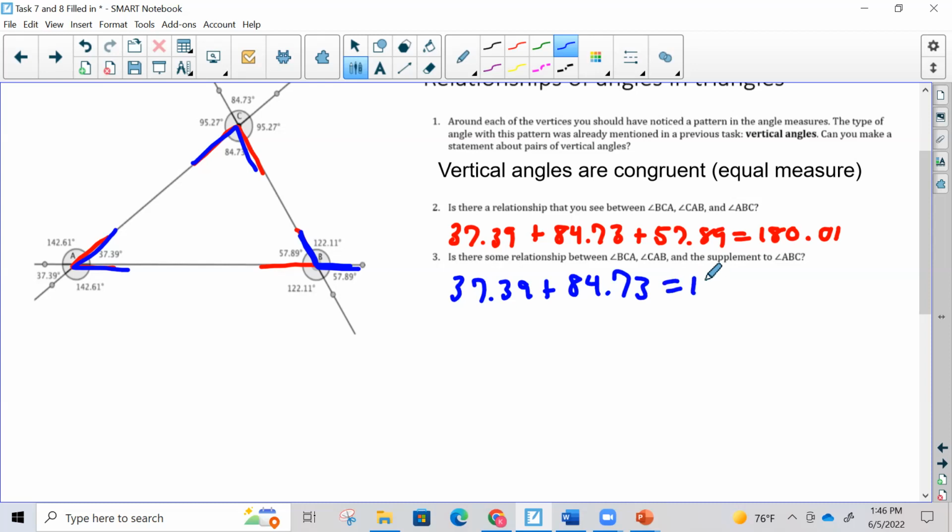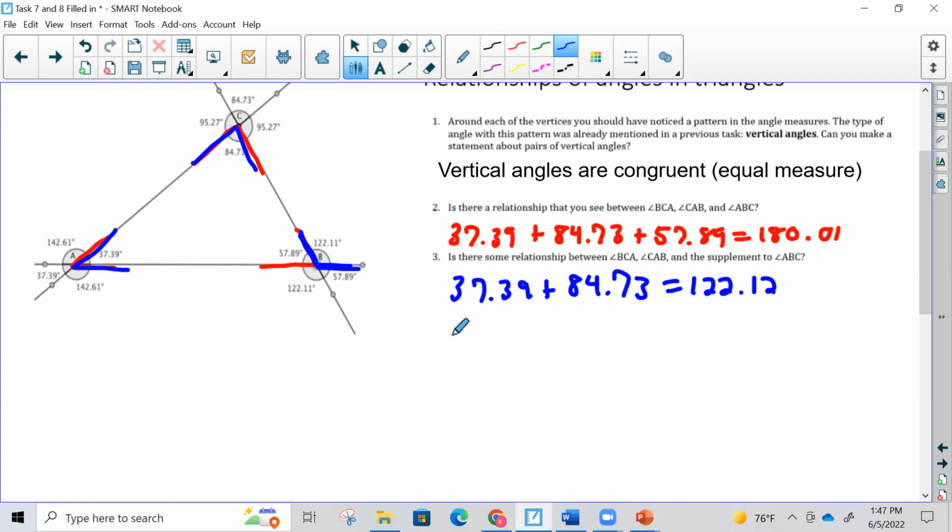Now, these are approximations, so it's slightly different by a 100th of a degree. You get 122.12. And if you look, this is 122.11, so they're almost equal, and they should be equal. It's just a slight measurement difference due to approximate measures.